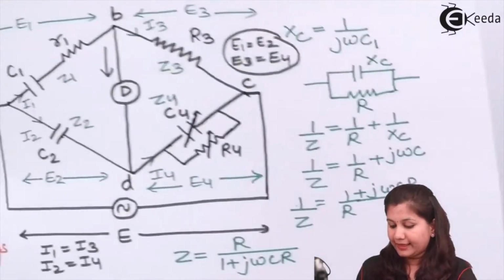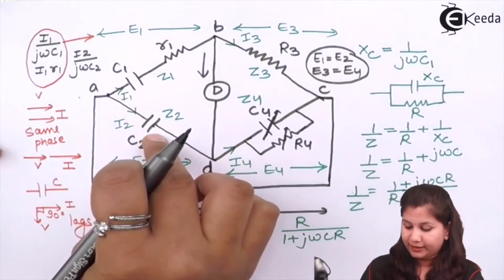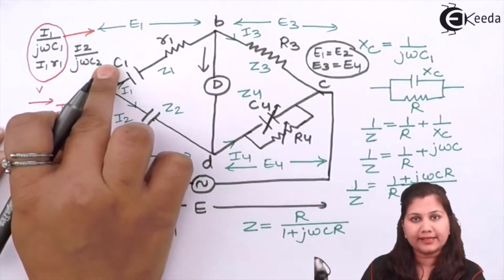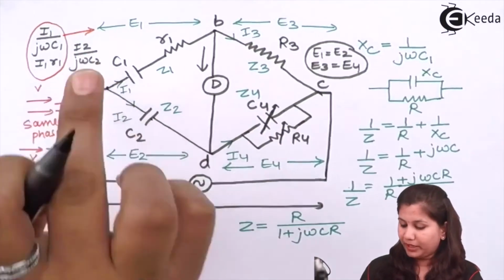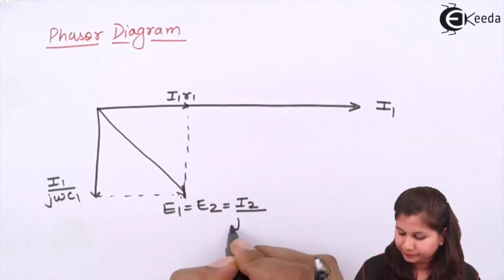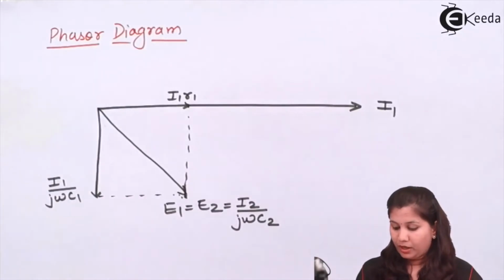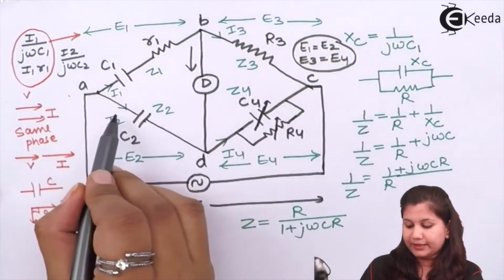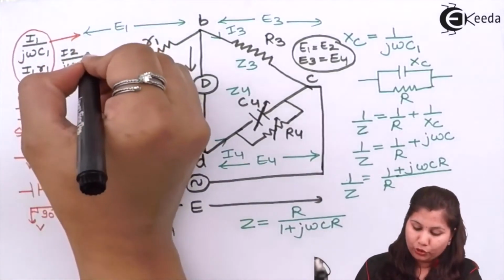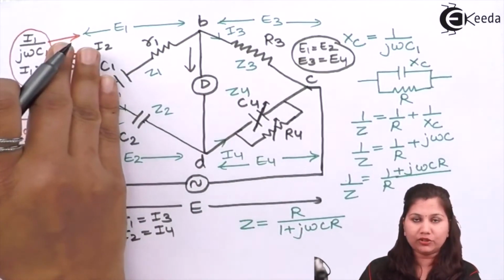This E2 voltage drop is the voltage drop across the capacitor C2, and this voltage drop is I2 upon j omega C2. So I2 upon j omega C2 will be equal to the voltage drop E2. Now the current across this capacitor is I2 and the voltage drop is I2 upon j omega C2, so these two will be at a 90-degree difference with each other.